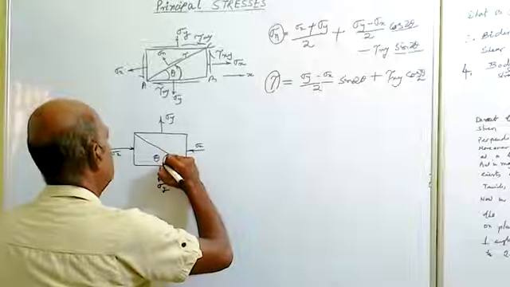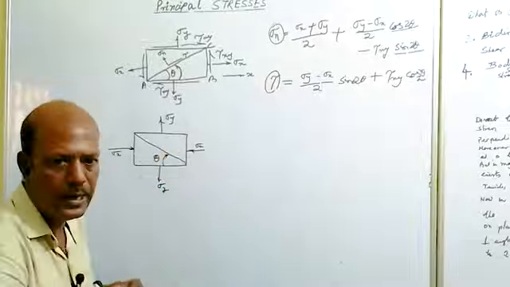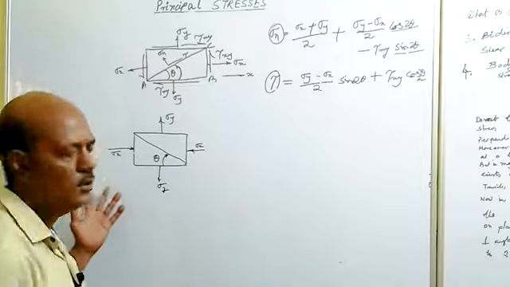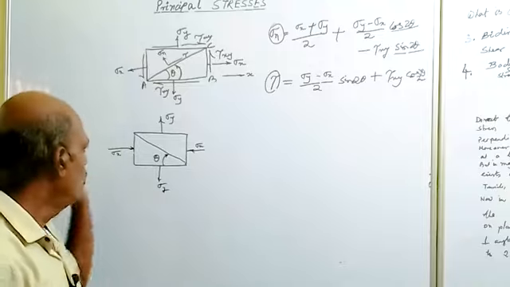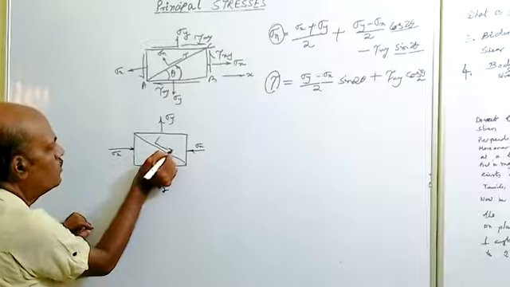That means if we measure from the x direction to the inclined plane, that angle becomes theta. So for this, what should be the sigma n and tau values?